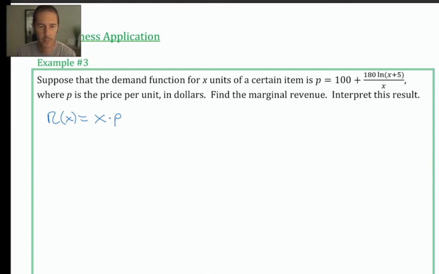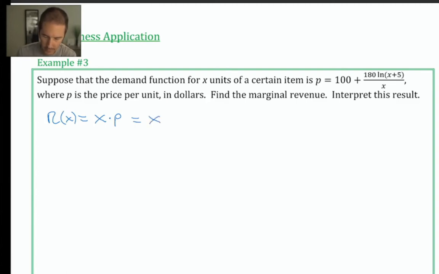Okay, so that makes sense. The amount of money coming into the cash register is driven by the number of units that I'm selling, and that total revenue is determined by taking the number of units that I'm selling and multiplying by the price per unit. Okay, so now let's replace P with our demand function.